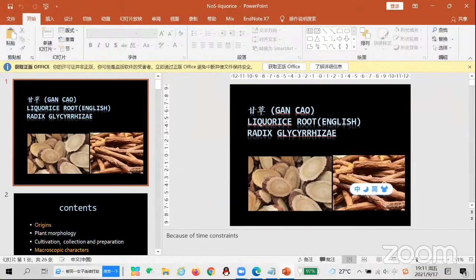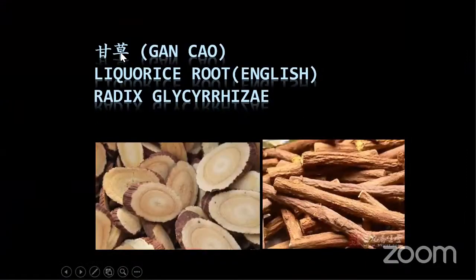Not in detail. So the Chinese name is gancao, in English meaning sweet herb. Yes, very, very sweet. So Chinese pinyin gancao, and the English name licorice root, and Radix Glycyrrhizae, this is the name. So these are raw drug and slices.